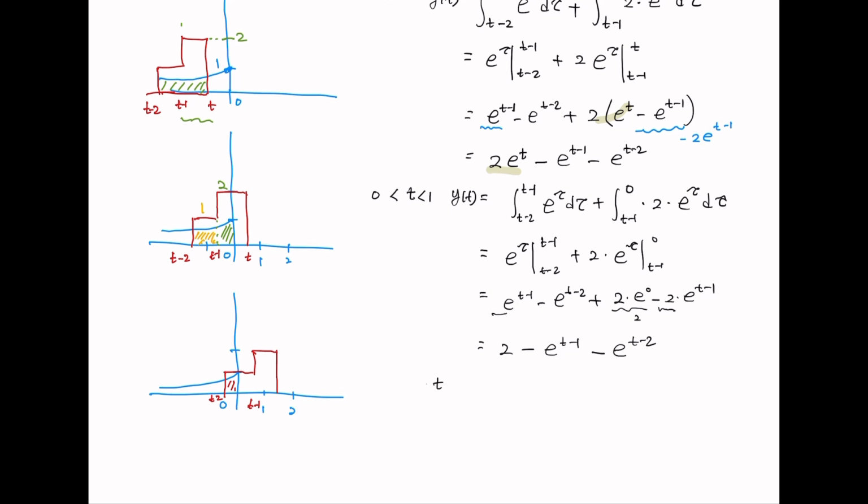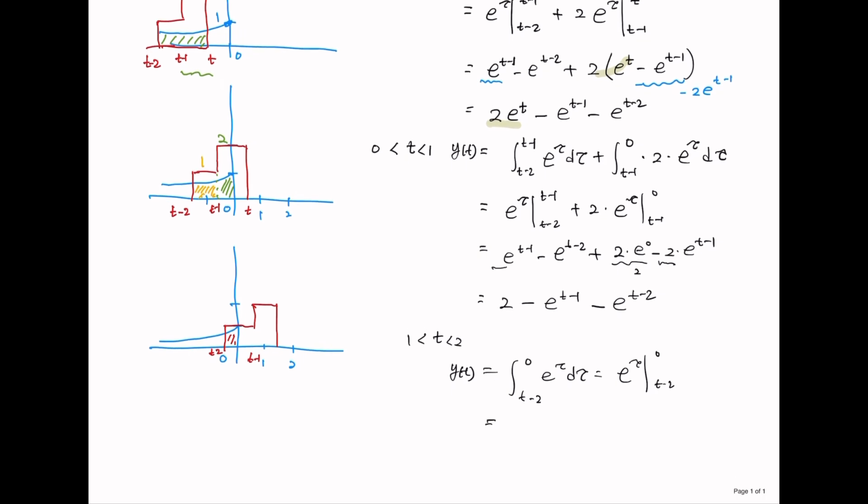So when t is between 1 and 2, y(t) going from t-2 to 0 of e^tau d tau is e^tau from t-2 to 0, that is e^0 minus e^(t-2), which is 1 minus e^(t-2). And if t is greater than 2, y(t) equals 0.